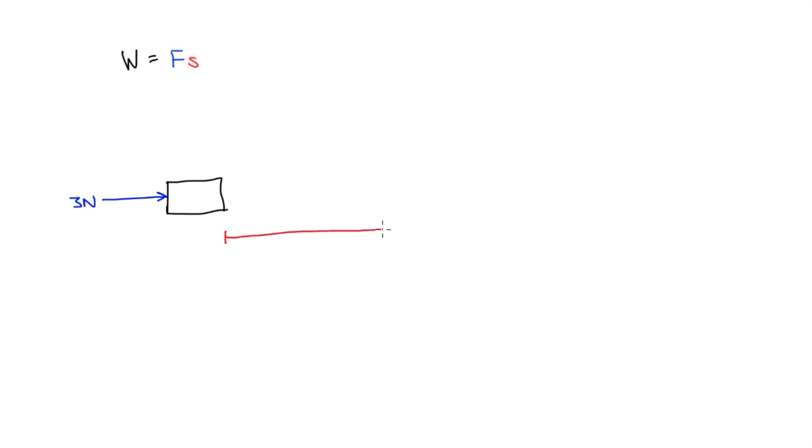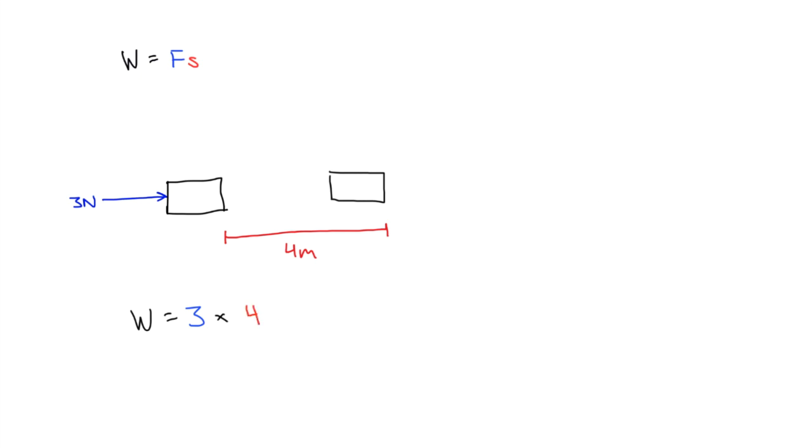Then once the box has been displaced 4 meters, it will be over here. And so, therefore, the work done will be equal to the force applied to the box times the displacement that it moved, so times 4.